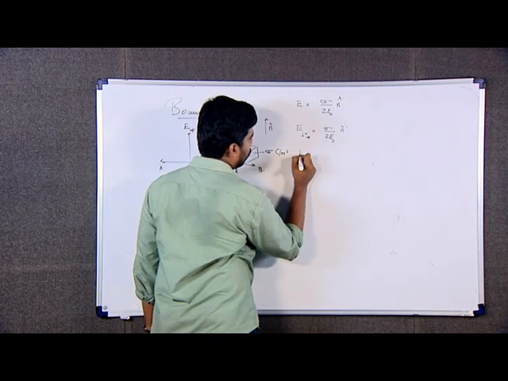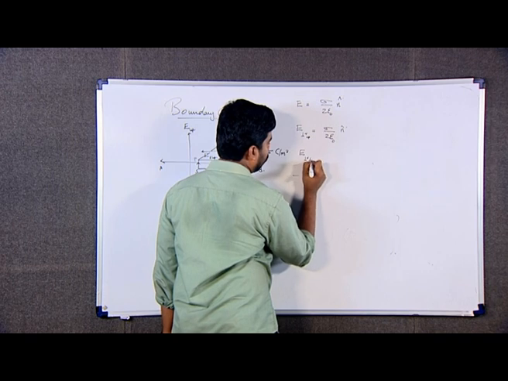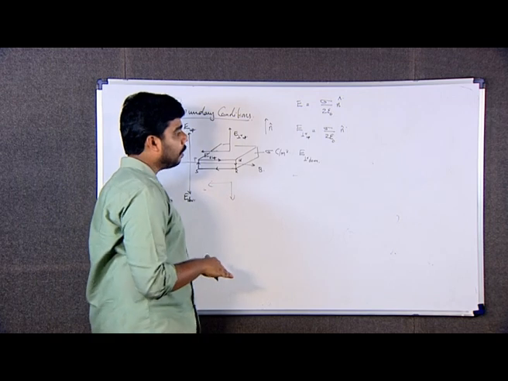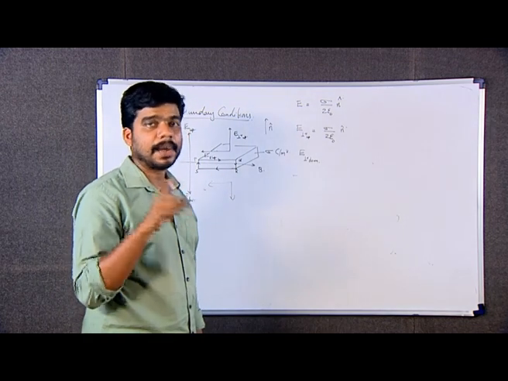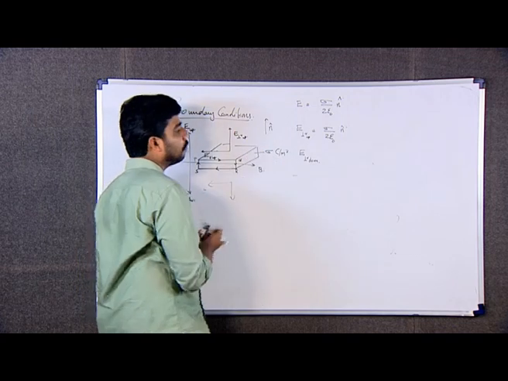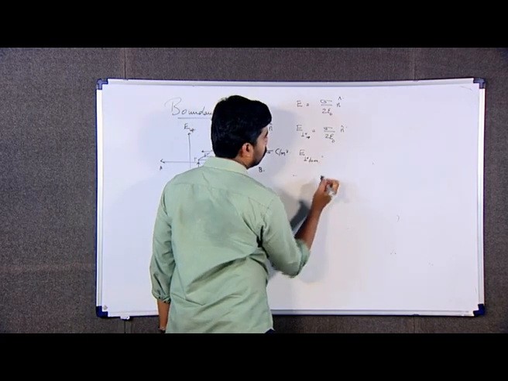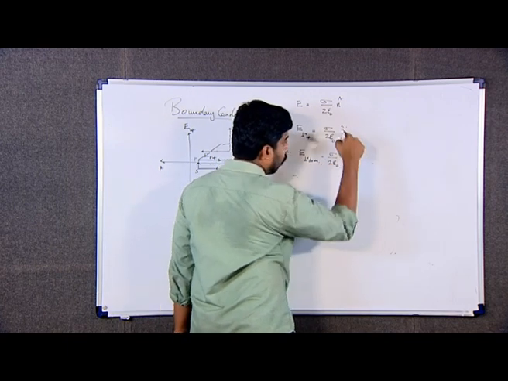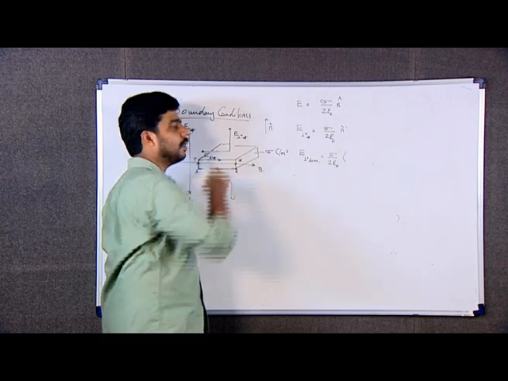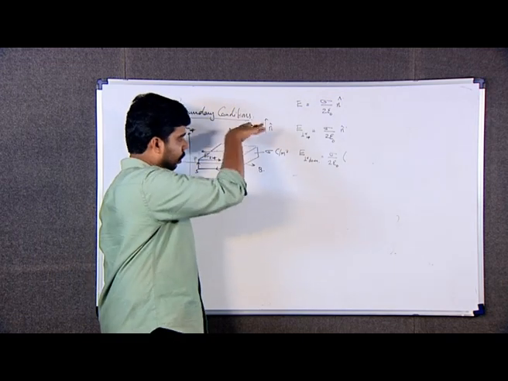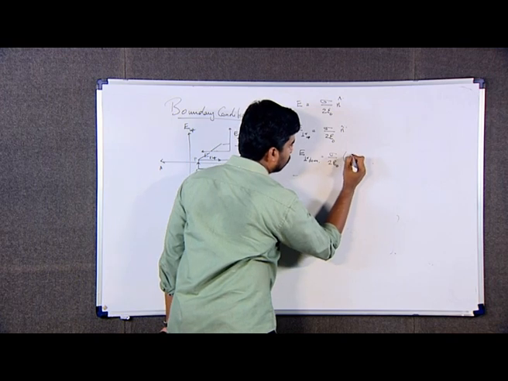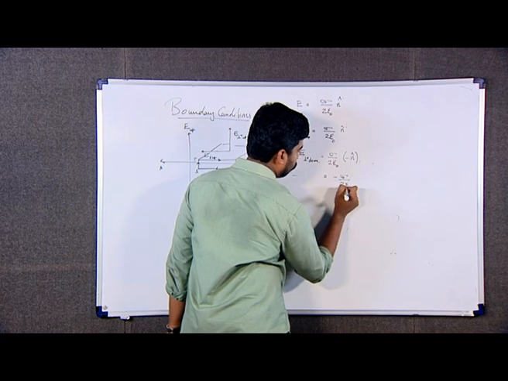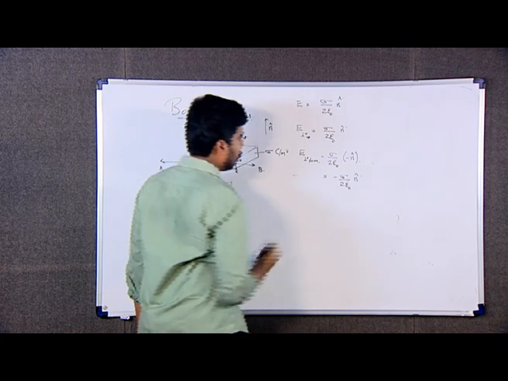So, what about E perpendicular down component? In the lower part also, for the down component, E has the same magnitude. If the surface charge density is sigma, E perpendicular down is equal to sigma by 2 epsilon 0 into not n cap, because we have set n cap in the up direction. So now the n cap will become minus n cap, which is equal to minus sigma by 2 epsilon 0 into n cap.